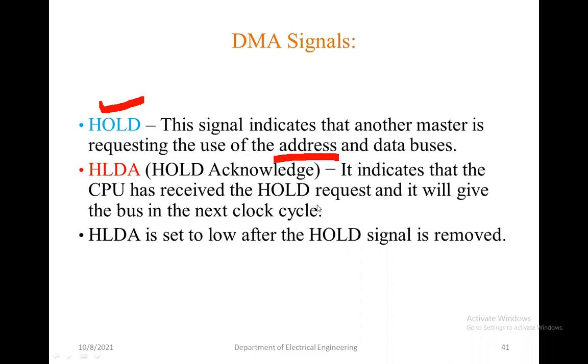So this is the hold and HLDA. These are called the DMA pins. HLDA is low after the hold, means if one pin is low, then the other should be high.